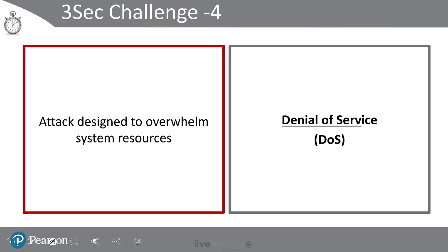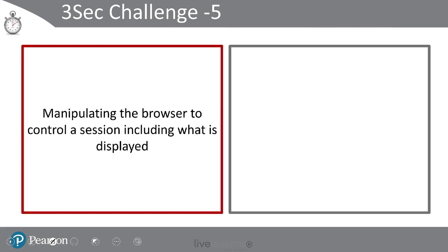It's a denial of service, known as a DoS, or if you had said a distributed denial of service, DDoS, that would have worked too. And our last challenge question. Manipulating the browser to control a session, including what's displayed. 1, 2, 3. Man in the browser, also known as an on-path attack.